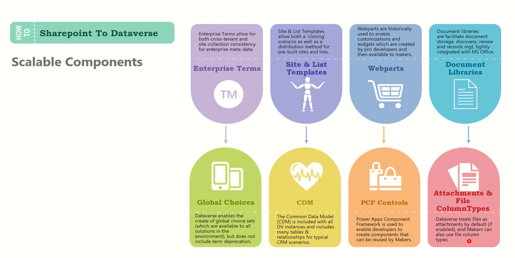And I would say that there are times when I'll choose a file column type, especially when it's a one-to-one relationship. For instance, I want every candidate to have a resume, or I want every customer to have a contract.